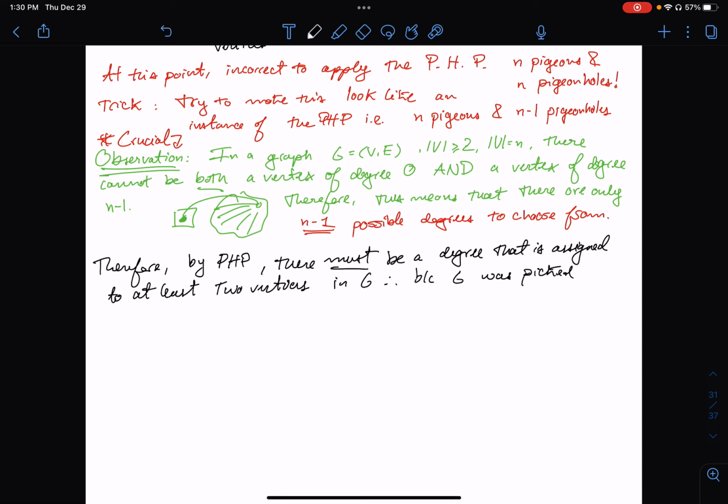No constraints were placed on G. It was just some arbitrary graph with some vertex set size n that's greater or equal to 2.